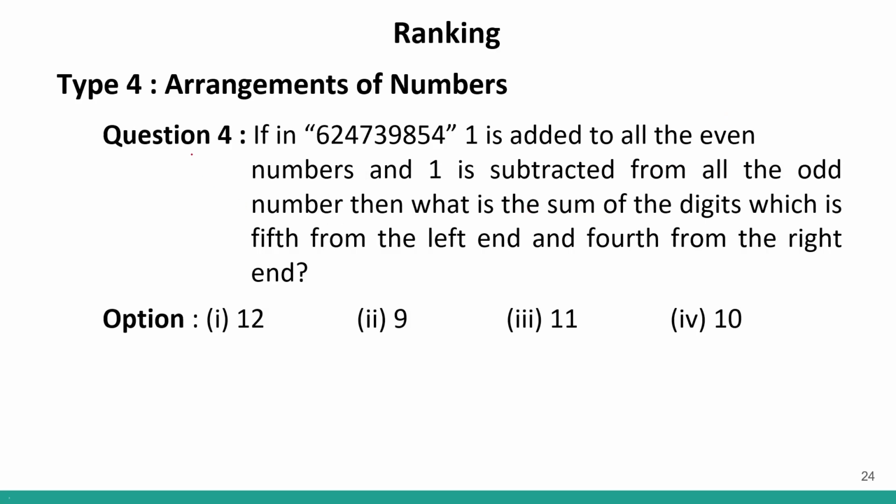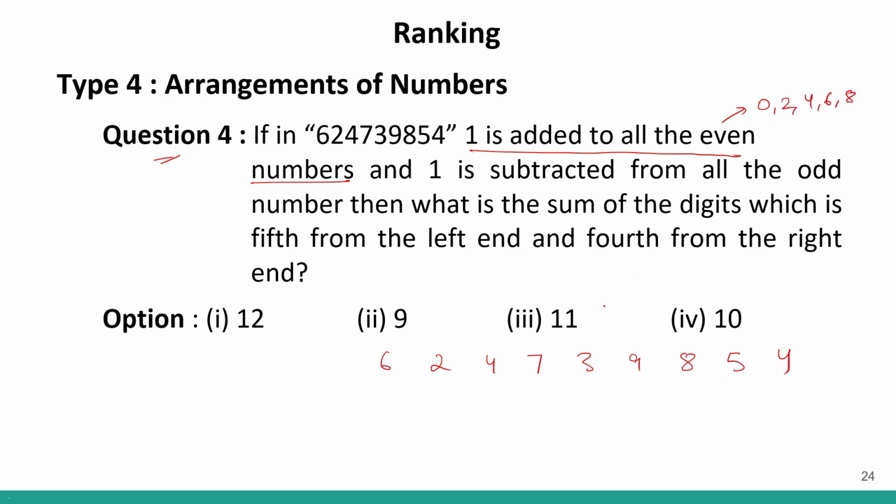Moving on to question number 4. A number is given to us, and it is said that 1 is added to all even numbers. So we have 6, 2, 4, 7, 3, 9, 8, 5 and 4. Correct? Even numbers are numbers that end with 0, 2, 4, 6 and 8.